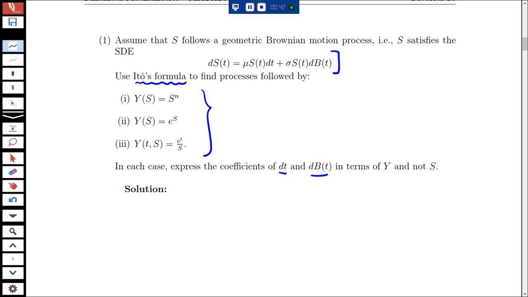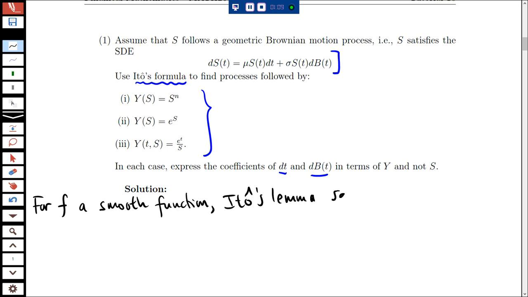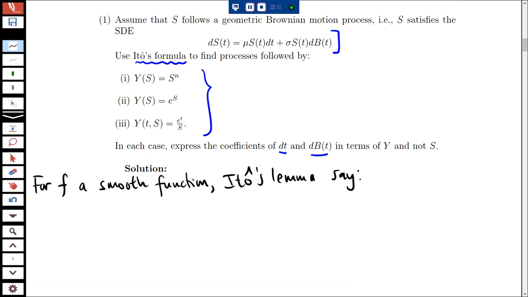So firstly, Ito's formula. This will be given to you in the exam. It won't be in the formula book, but it will be stated in the question. It says that for f, a sufficiently smooth function, the following equation holds.